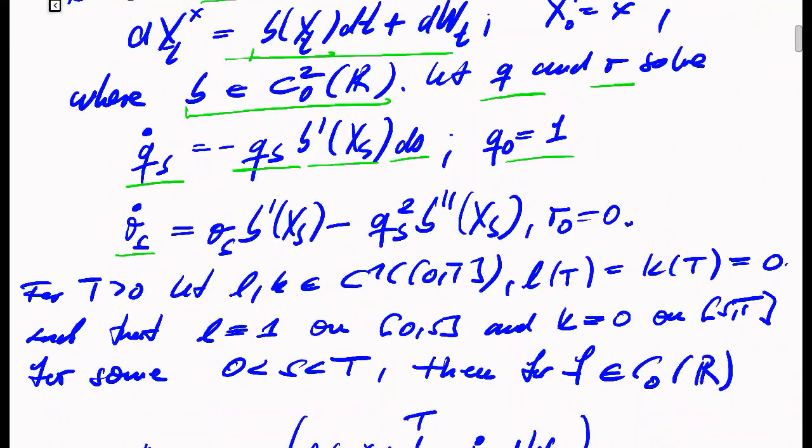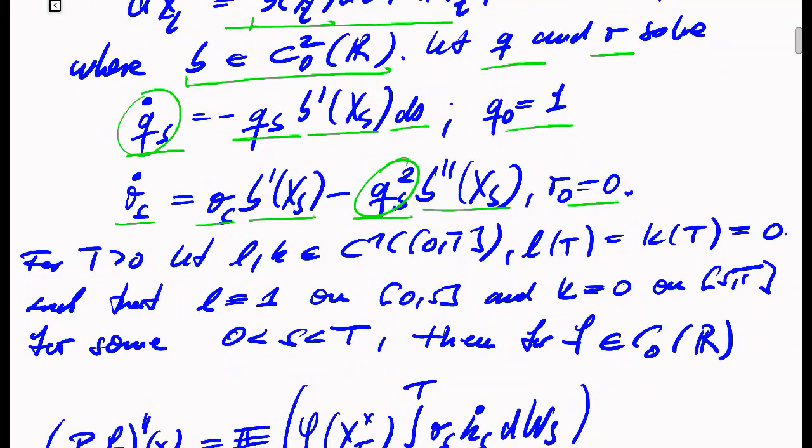And R is the solution to the differential equation R dot s equals R_s B prime of x_s minus Q_s squared times B double prime of x_s, which is supposed to start at 0. So in the ODE which defines R, we have the Q function appearing, where Q is the solution to the ODE for the first order derivative that we had already seen.